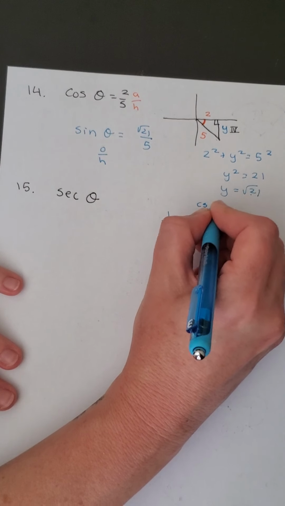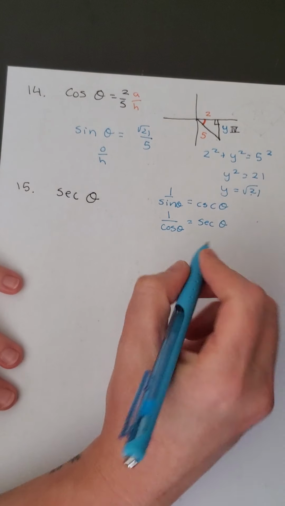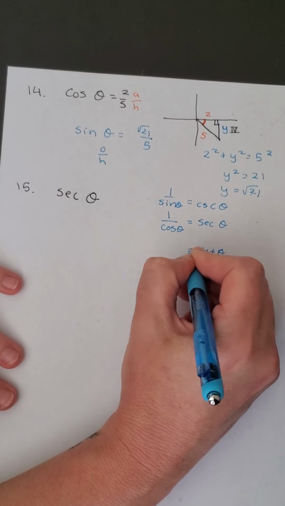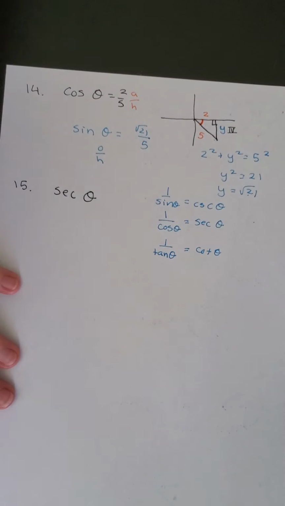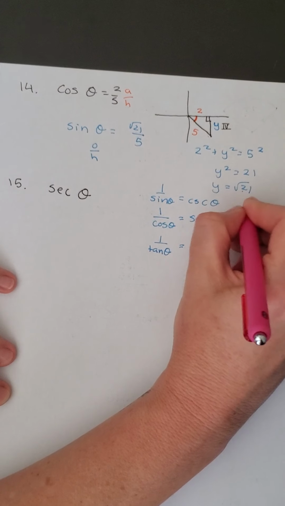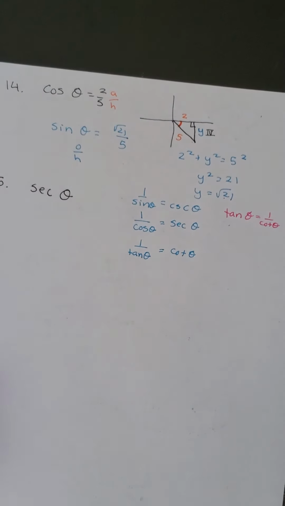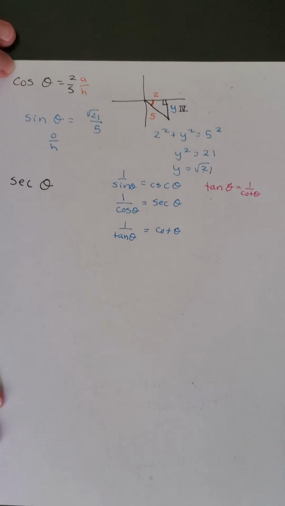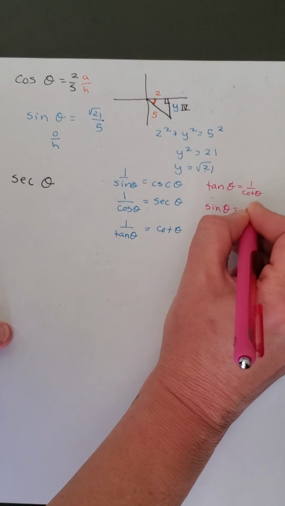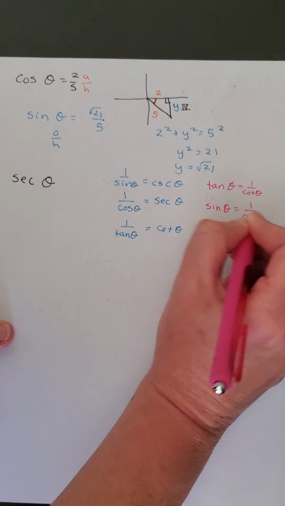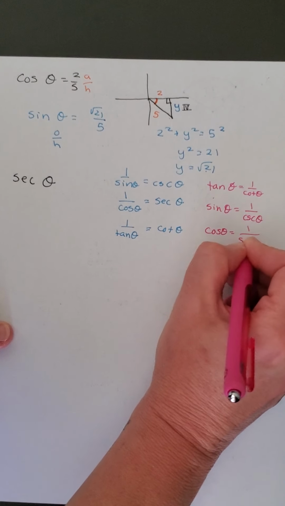Cosecant theta is equal to 1 over sine theta, and cotangent theta is equal to 1 over tangent theta. Tangent theta is equal to 1 over cotangent theta. Let me make sure you can see everything I'm writing. Yes. And sine theta is equal to 1 over cosecant theta, and cos theta is equal to 1 over secant theta.